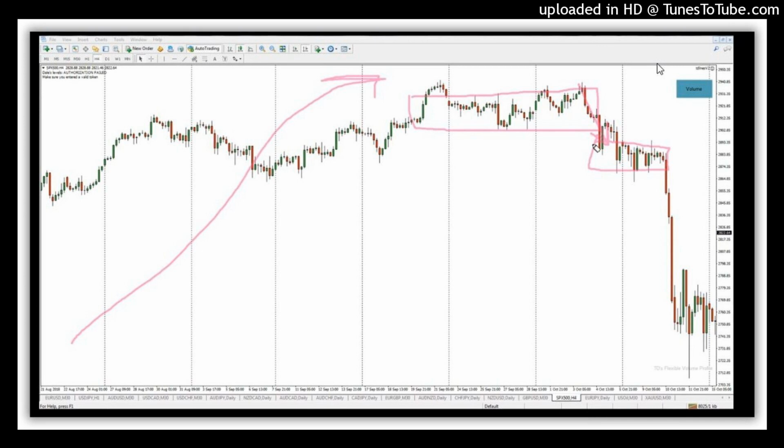Then there's another rejection in here, and afterwards you can see that the rejection started an uptrend, which starts in here and goes to this place. Alright, so the rejection started the uptrend. Those are the first signs of aggressive buyers.